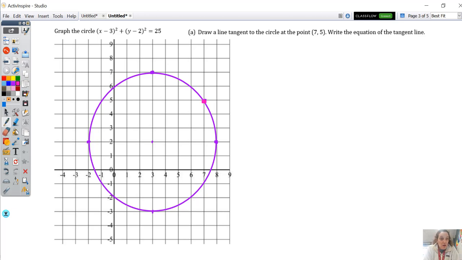So we are going to draw our tangent line so that the tangent line is perpendicular to our radius. That's one of our properties. When you have a tangent line, it will always be perpendicular to the radius of your circle.